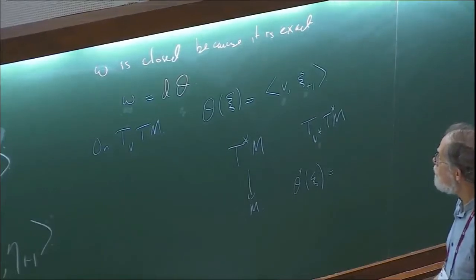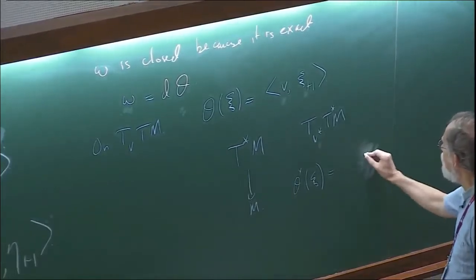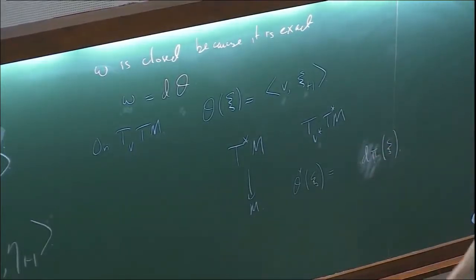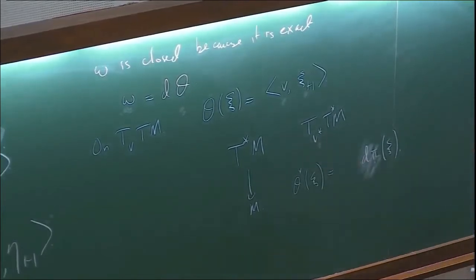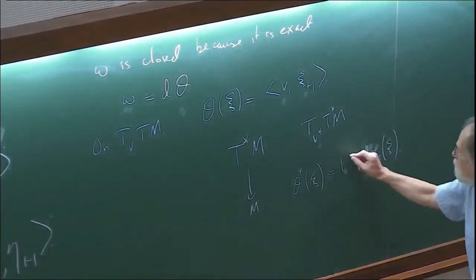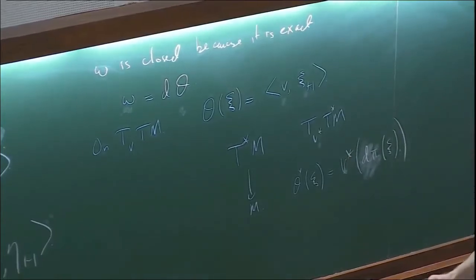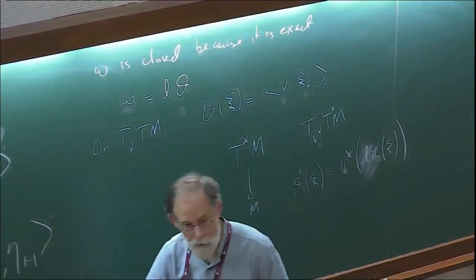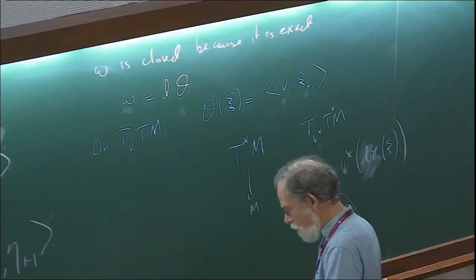What you do is you take the horizontal part of xi, or actually you just take d pi of xi. That's a vector. V star is a covector. It's just waiting for a vector to act on. There's a vector. So you write that. No structure beyond the fact that you have the cotangent bundle. This is canonical. And so you get this one form.